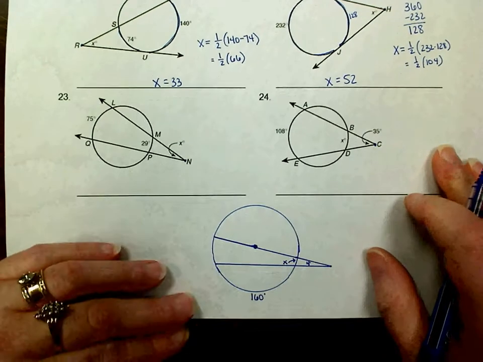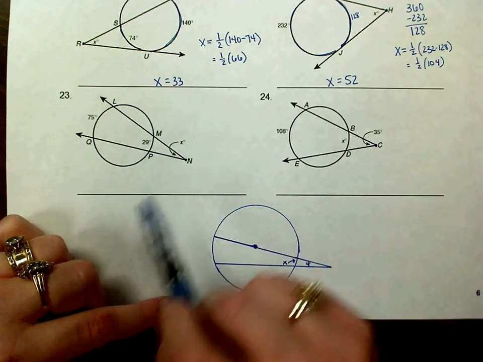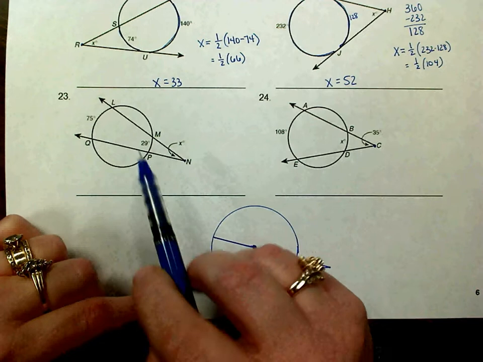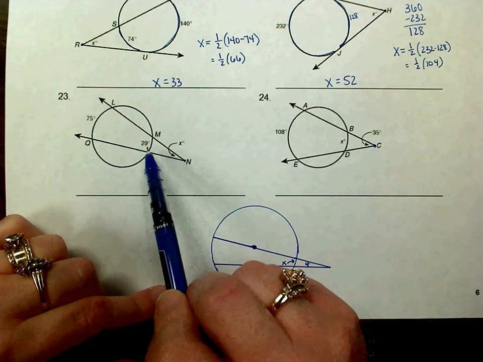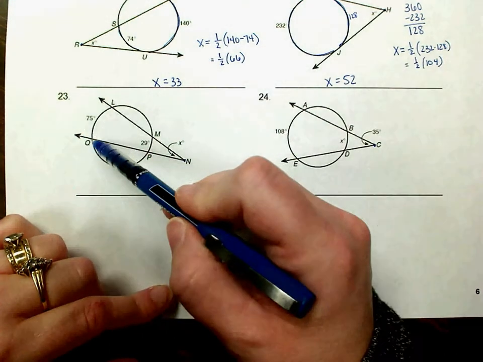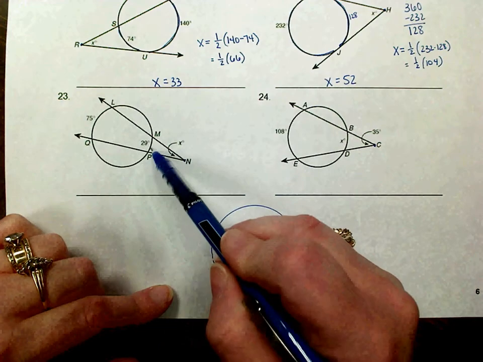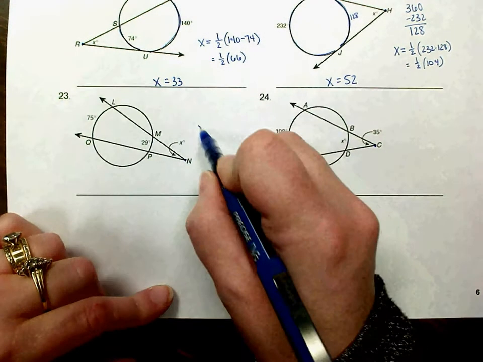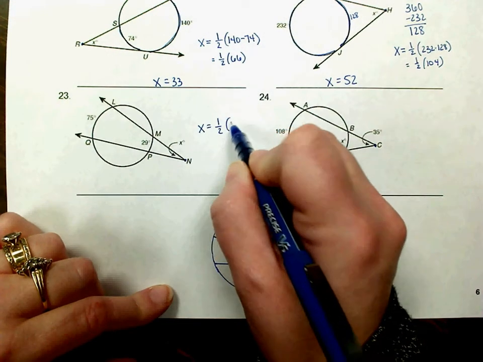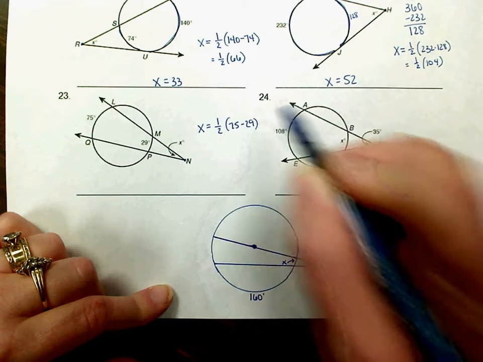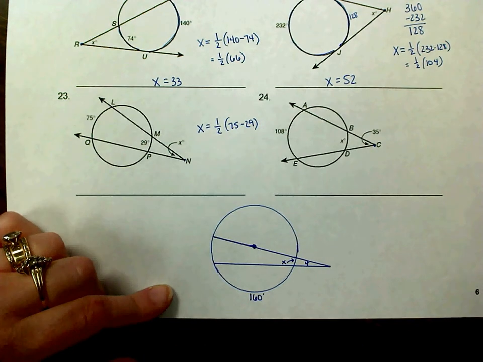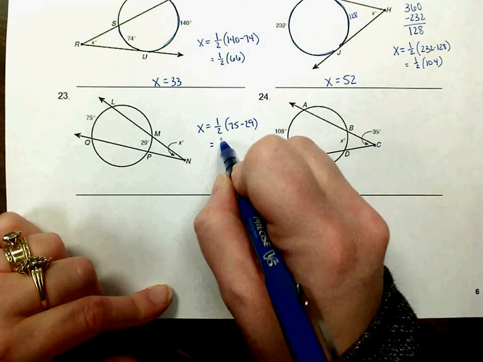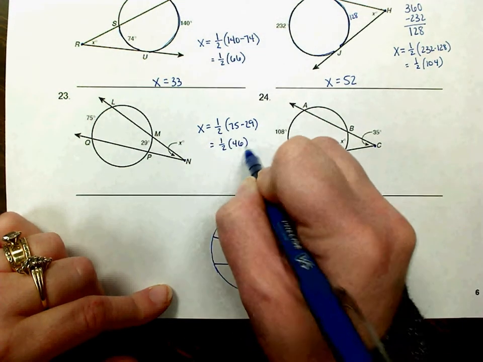Number 23, finding x, its vertex is outside the circle, so it's half the difference of the two arcs, which we are given. QL is 75, MP is 29, so our x is half of 75 minus 29. So 75 minus 29 is 46, so we want half of 46, which is 23.